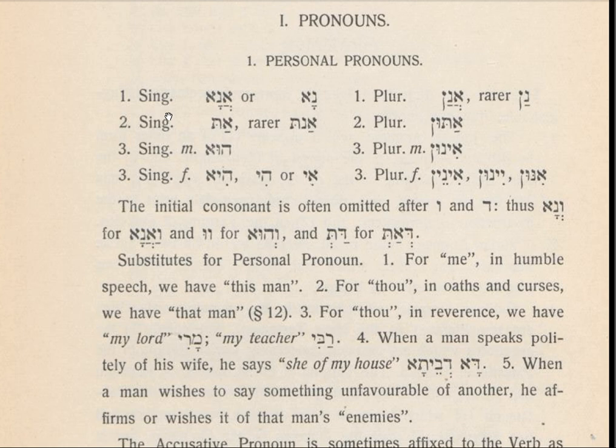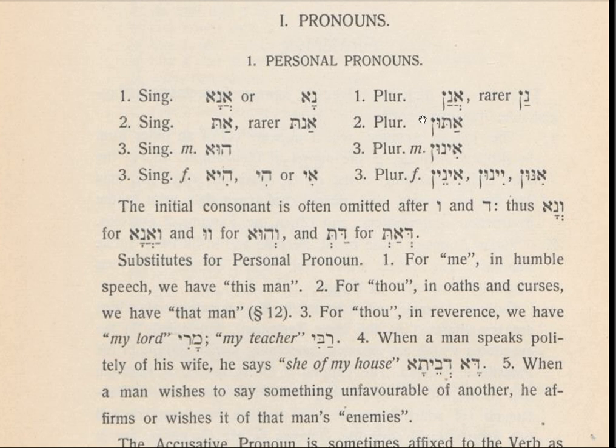This is the first person, so I. Then the second person, you, is at, or much more rare, ant. And then third person, he is hu, it's masculine, and she is hi, or sometimes spelled he or e.